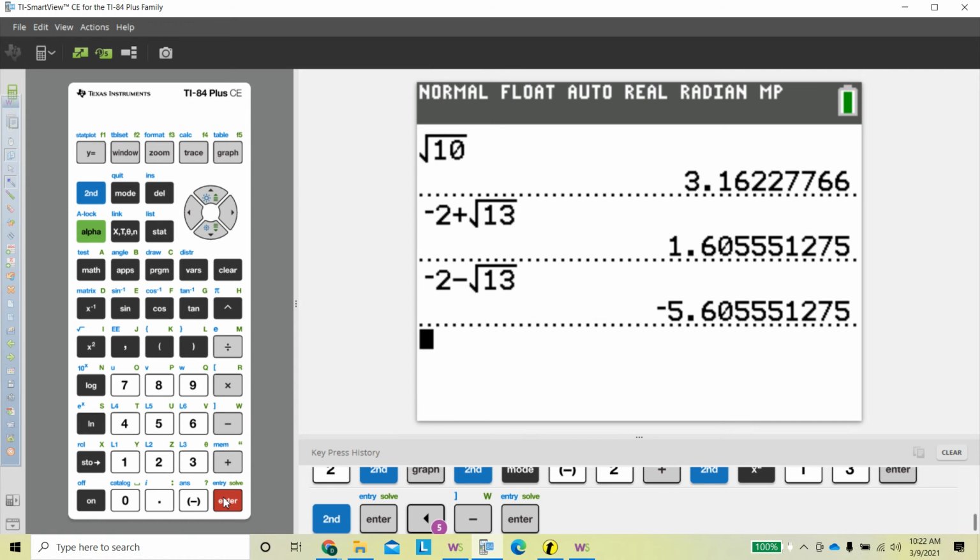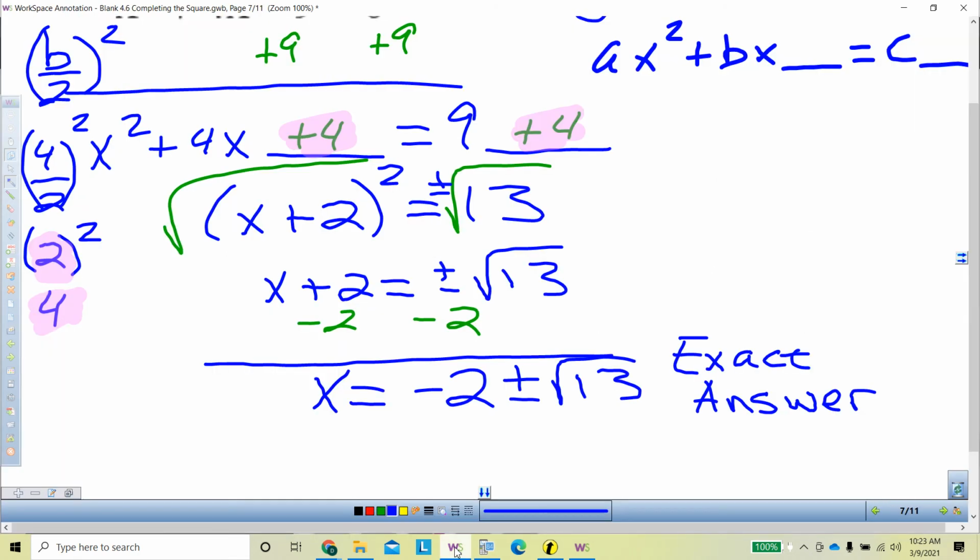So 1.61, -5.61. So you can see you're leaving out all of the stuff on the right side there. So that's why that is not exact. When you round, it's not exact. When you leave the square root alone, it is exact.